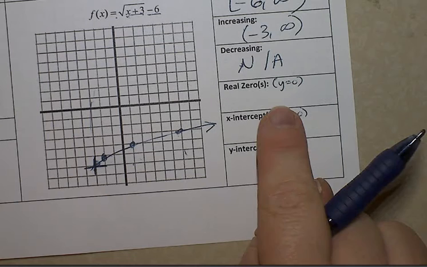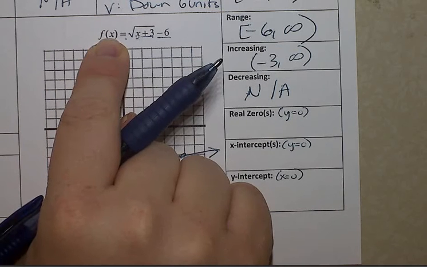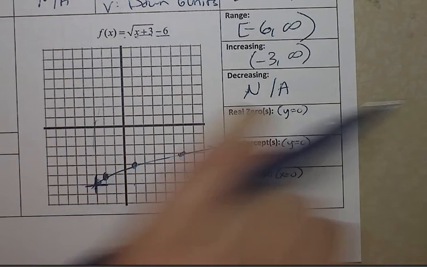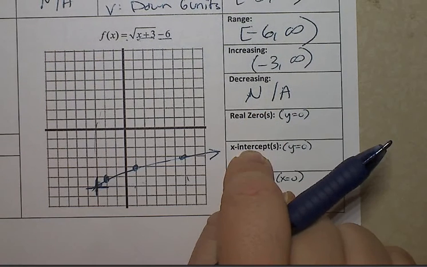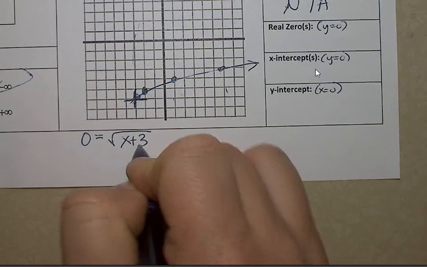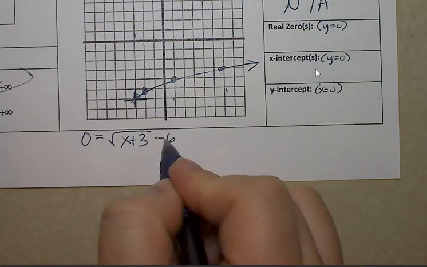So here's algebraically how to do that. As you recall, f(x) is the same as y. So I'm going to substitute 0 in for f(x) to find the real 0 and the x-intercept. Some of you will be able to do this using mental math and not have to show any work. The first step to isolate the x is add 6 to the opposite side.